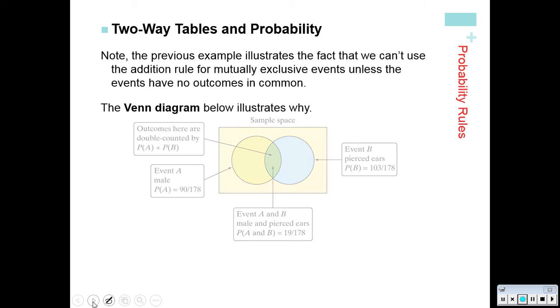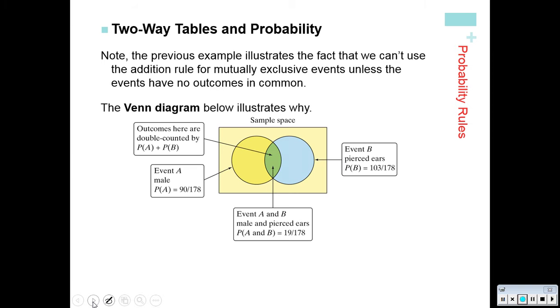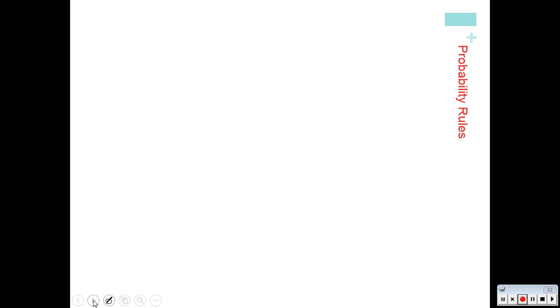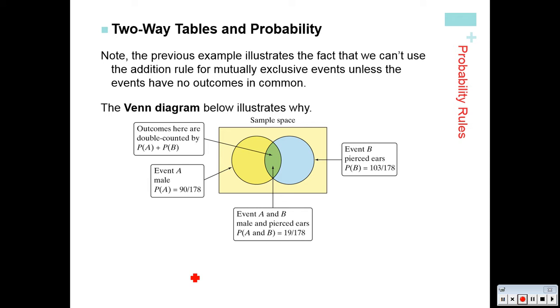So some other things involving two-way tables, and if you've ever seen these before, this is what's called a Venn diagram. A Venn diagram is simply a different way of looking at a two-way table. We're referencing the previous example. So this circle right here is the probability of A, which is the probability that someone's a male. And then this blue circle is the probability of event B, which is the probability that someone has pierced ears.